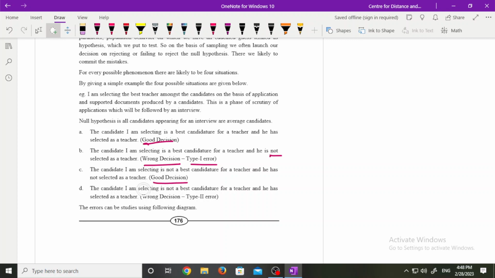The candidate I am selecting is not the best candidate for a teacher and he has been selected as a teacher. This is our wrong decision because the candidate is not the best. So this candidate will not become a good teacher, so our decision is a wrong decision.